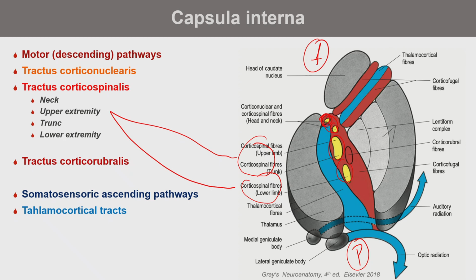In the angle of the anterior and posterior limb, there are corticonuclear tracts, which guide the motions of head and neck muscles, in relation to the cranial nerve innervation. So this is the motion of mimic muscles, swallowing muscles, muscles moving the voice organ, and muscles which are chewing.